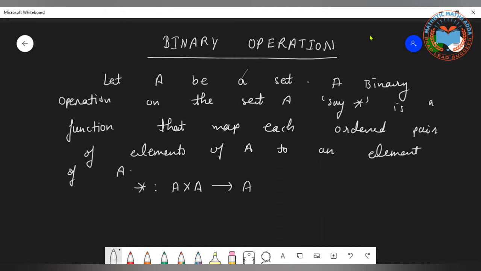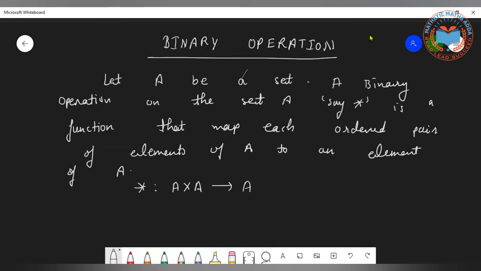Now, what is the definition? Let A be any set. A binary operation on the set A is a function that maps each ordered pair of elements of A to an element of A. What is a function? A function is a relation that corresponds each element of the domain to a unique element in the codomain.